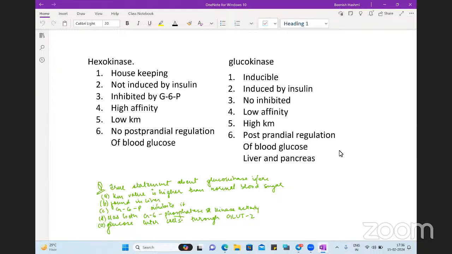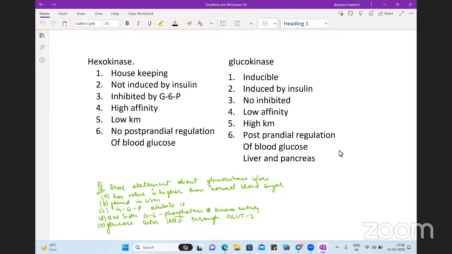Now, hexokinase is inhibited by glucose 6-phosphate, whereas glucokinase does not show any inhibition by glucose 6-phosphate. Hexokinase has high affinity, which is also very obvious since it is a housekeeping enzyme. So it needs to be active all the time, so it needs to have high affinity for glucose. Therefore, it is working all the time, whereas glucokinase has low affinity.